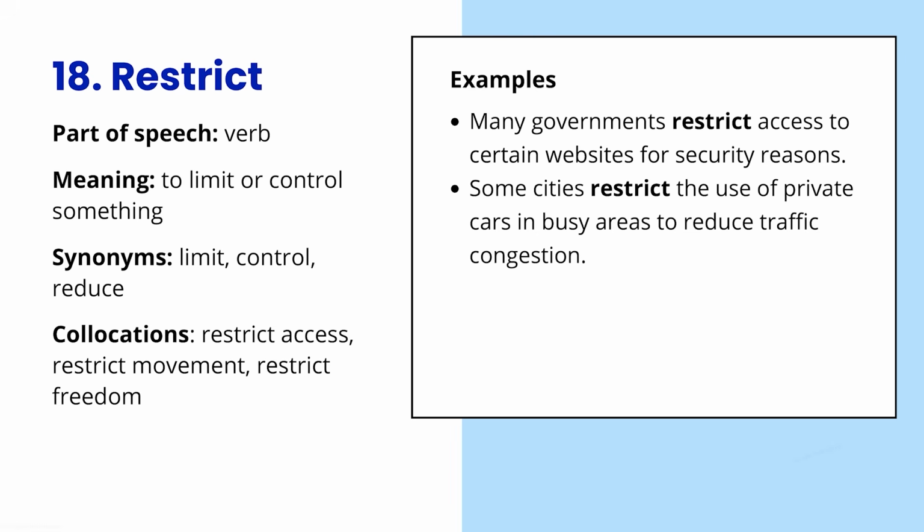This means that the number of private cars will be limited or controlled. Why? To reduce traffic congestion. So restrict is a very useful verb when you're writing about rules, laws, or actions that might limit things, particularly in problem solution essays.